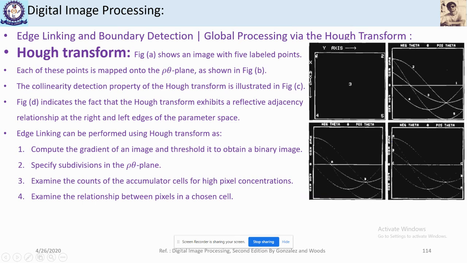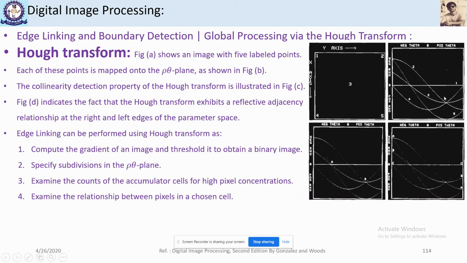So the normal will be somewhere here, and so this direction will be a negative, and that negative value will be there, and in that case the angle will be some positive value. So that way we can have a curve corresponding to point 2, which will have the theta value from minus 90 degree to plus 90 degree, and the rho value will change like this, corresponding to every line which is passing through this point 2.